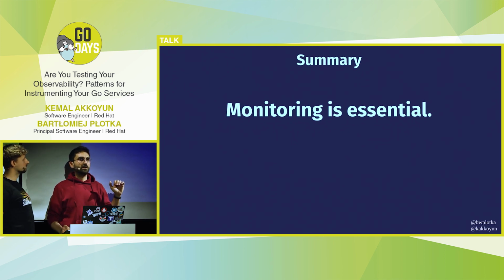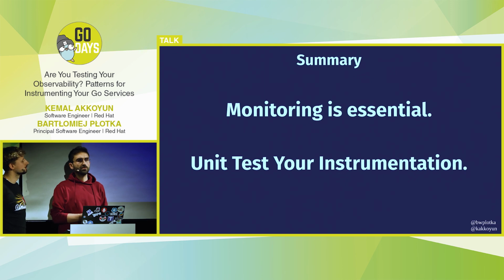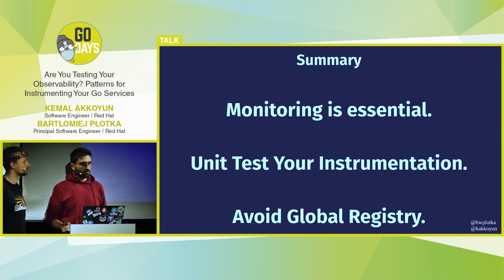And then you can build alerts, graphs, any facilities that you could use to introspect your running system. And since you build those alerts and graphs, please test your instrumentation, because now you rely on them in your production system. And last but not least, also a low-hanging fruit, just avoid using the global registry, as Bartek told. Magic is bad, so don't use it.